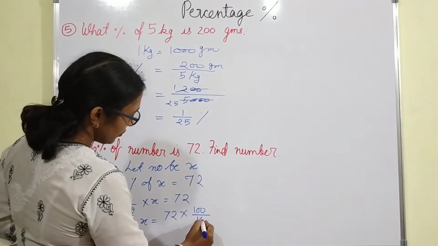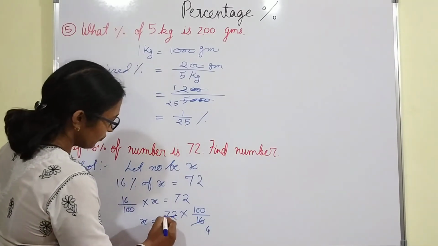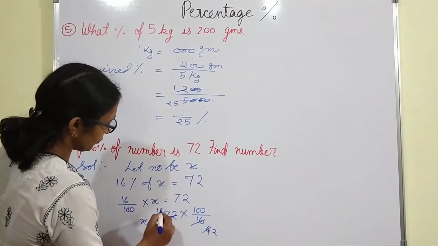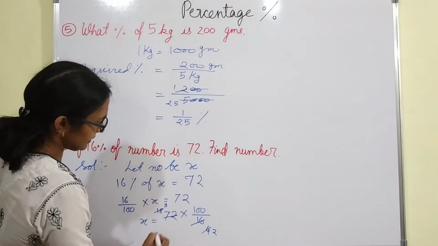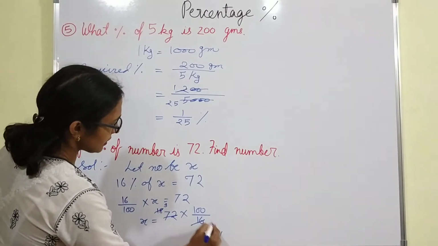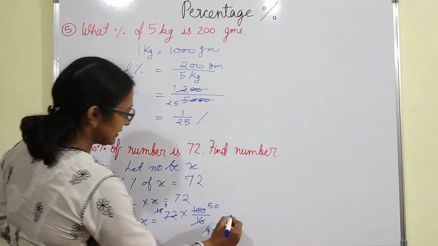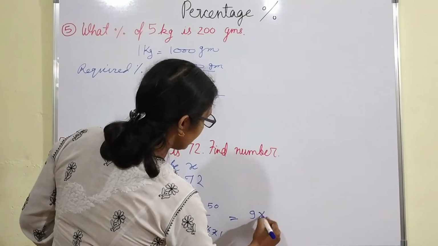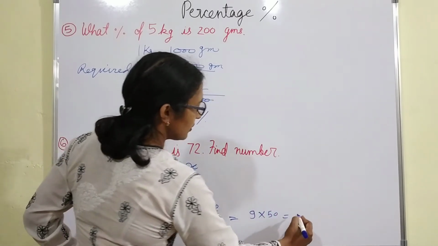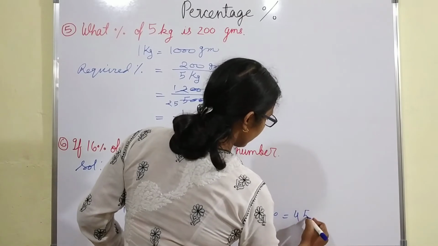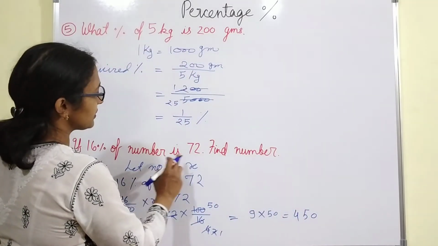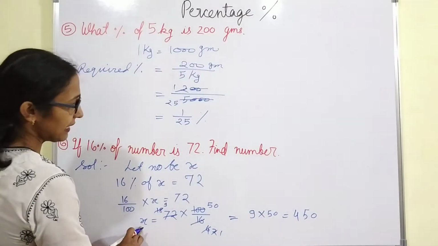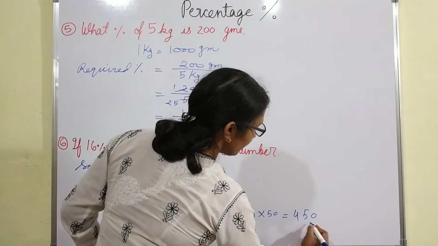Now, 4 4s are 16, 4 18s are 72. So x equals 9 into 50, that is 450. So x is 450, so 450 is your answer.